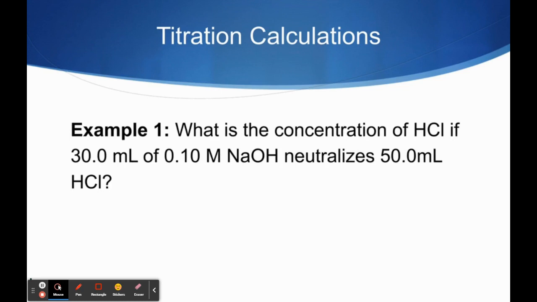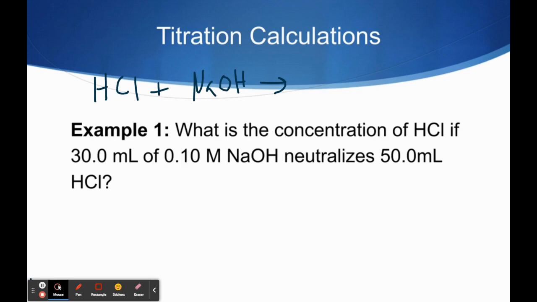Our first example says, what is the concentration of HCl if 30 milliliters of 0.10 molar NaOH neutralizes 50 milliliters of HCl? The first thing that we need to start with is a balanced chemical equation. HCl is our acid and NaOH is our base.